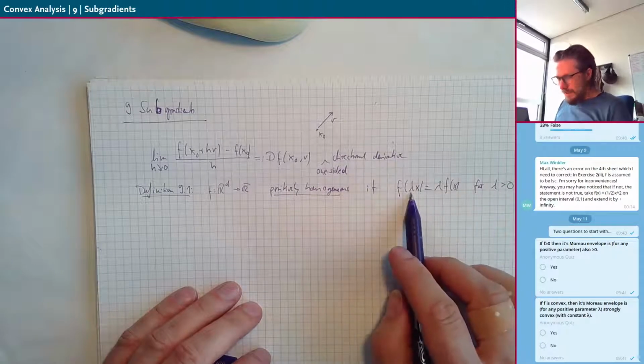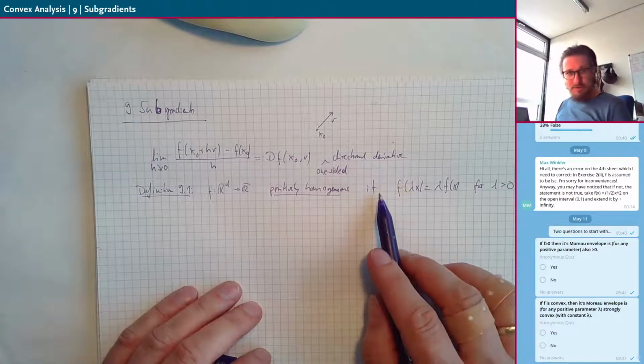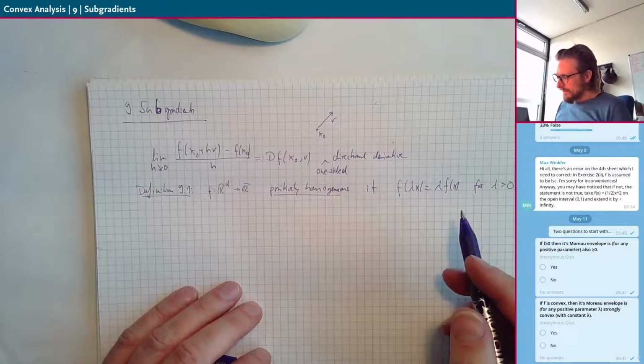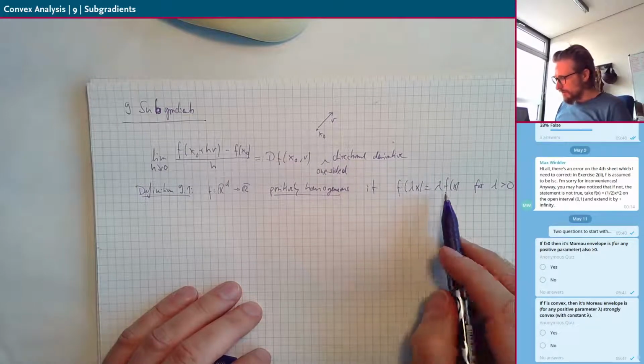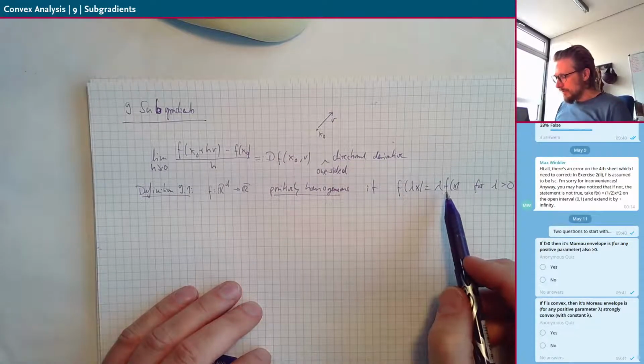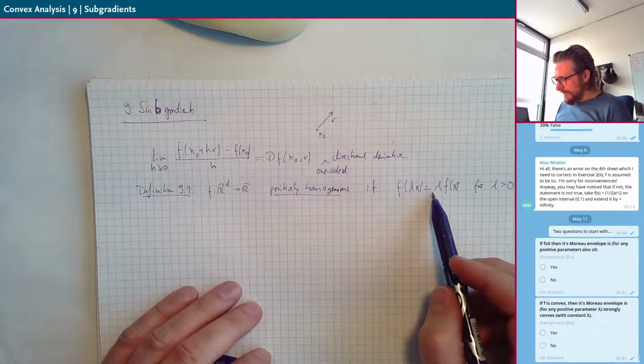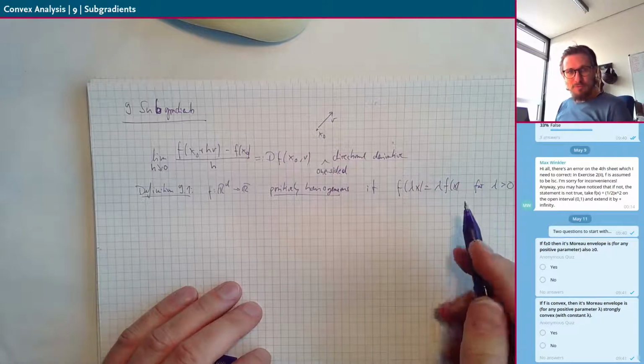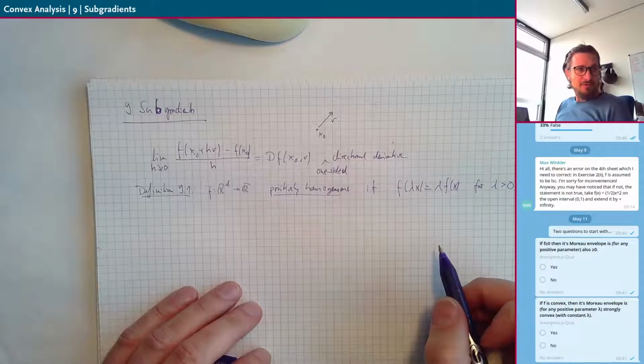So we can pull positive scalars out, but not negative ones. If you can pull all lambdas out, but with the absolute value outside, this would be called homogeneity. But this is only positive homogeneity.